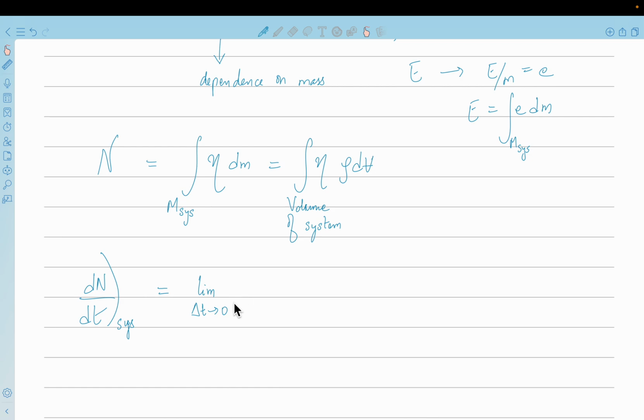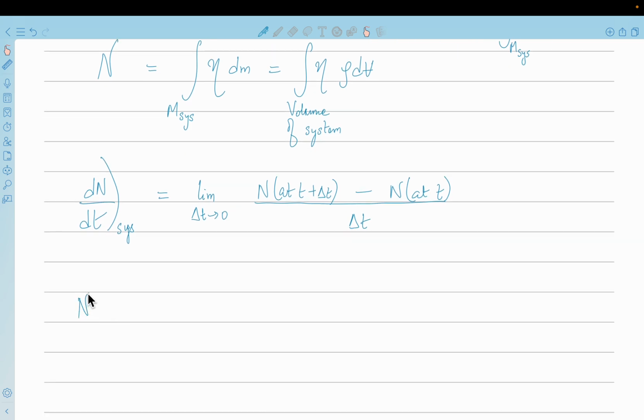In basic maths you would have seen, if I take the limit delta t tends to 0, I can write the derivative as N at time t plus delta t minus N at time t, divided by delta t. This is very straightforward.